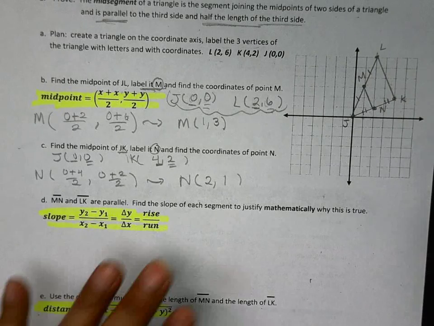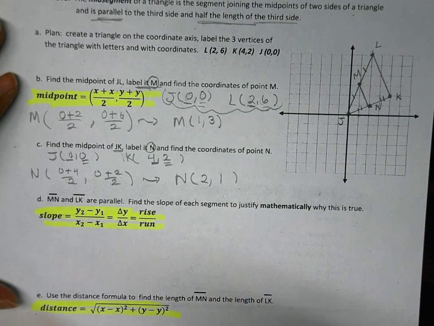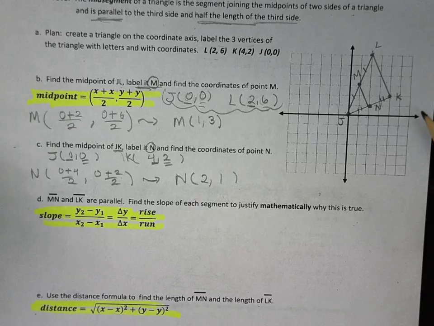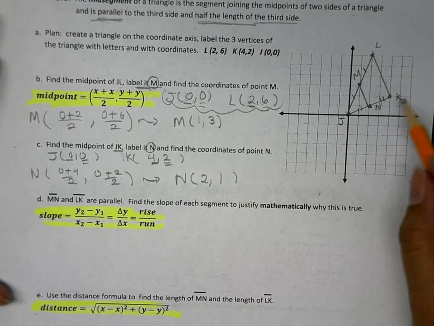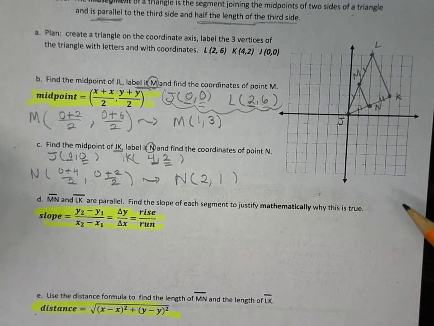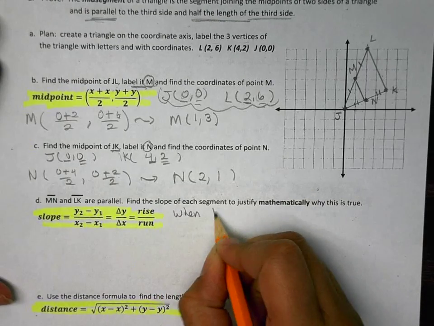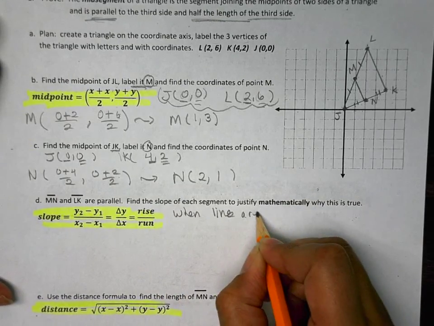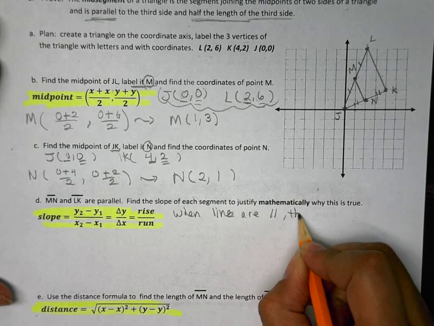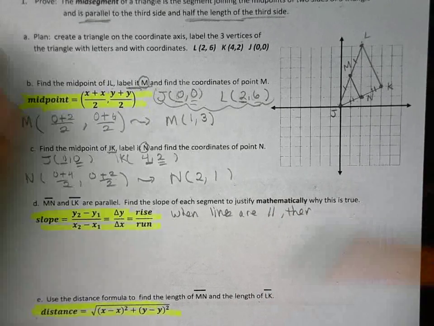Okay, guys, what do we know about parallel lines? What do you know about the slopes of parallel lines? Anybody? They're equal. Thank you. When lines are parallel, their slopes are the same.